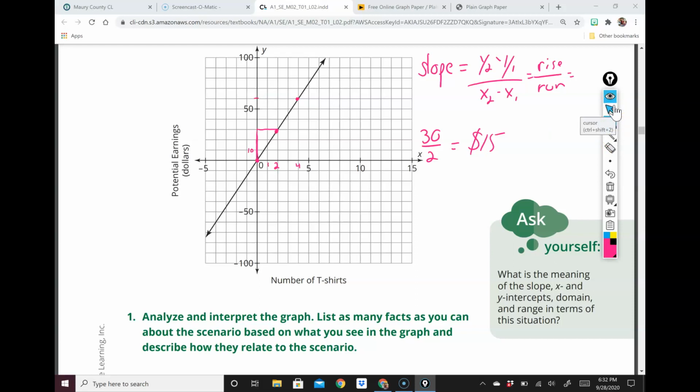Number 2, interpret the meaning of the origin. So the origin, 0 and 0, if no t-shirts were sold, Marilyn's not going to make any money. Number 3, write a function, ET, to model Marilyn's potential earnings given the number of t-shirts.